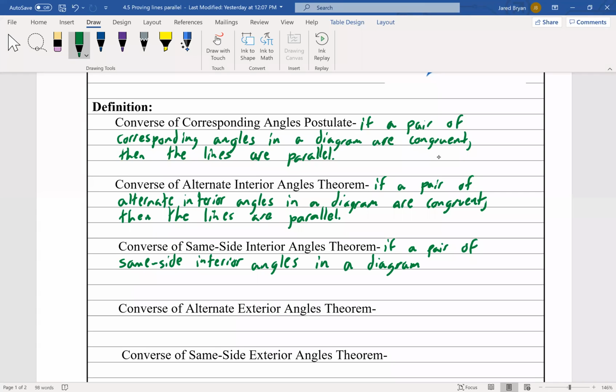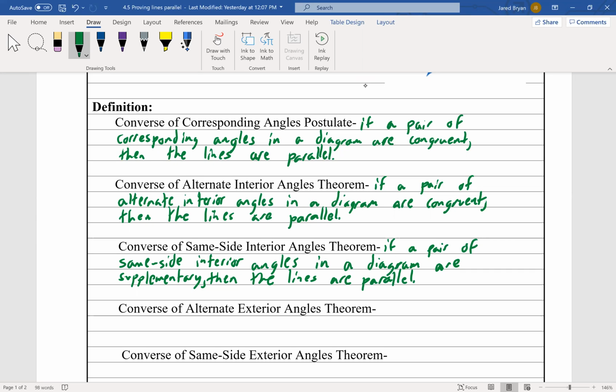Remember, same side interior angles are not supposed to be congruent. Remember, same side goes with supplementary. So if a pair of them are supplementary, then same conclusion as always: then the lines are parallel.